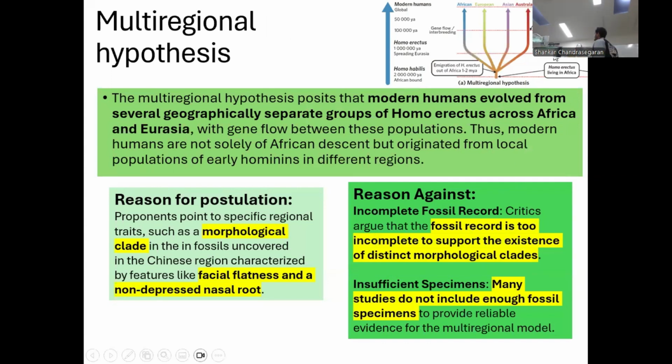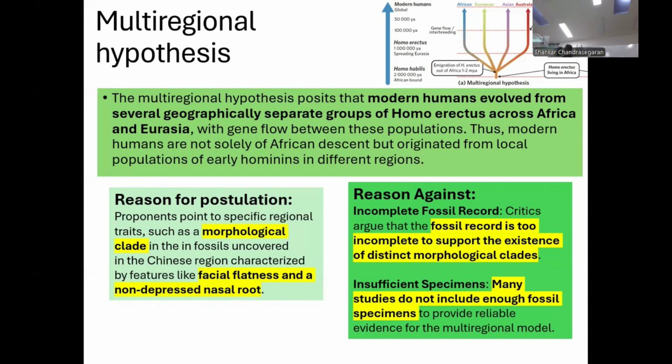So now let's go into the multi-regional hypothesis, of why this is still present, right? What it's about and why it's still being postulated, and also why we don't really feel like this is the primary hypothesis.